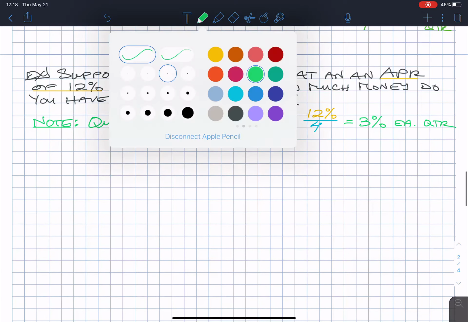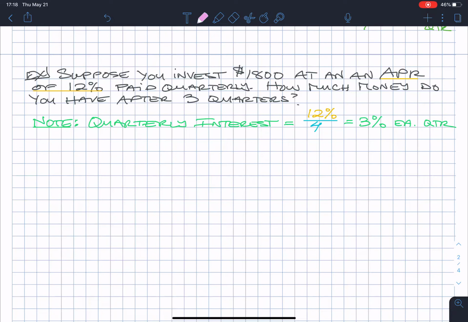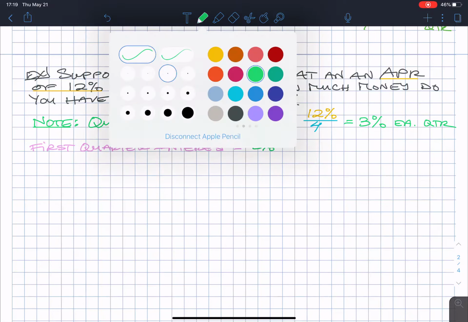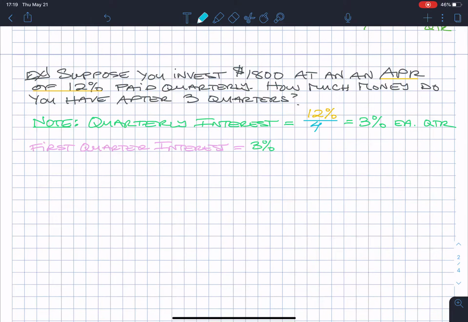Okay, so now let's look at the first quarter interest. It is now going to be 3% of, what's my principal? My principal is $1,800. 18, not 81, $1,800.